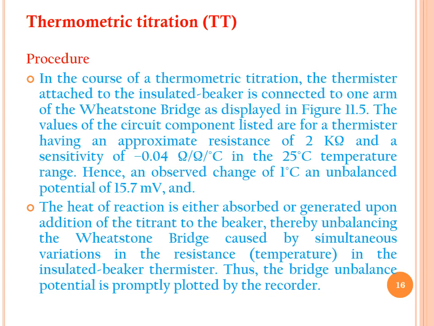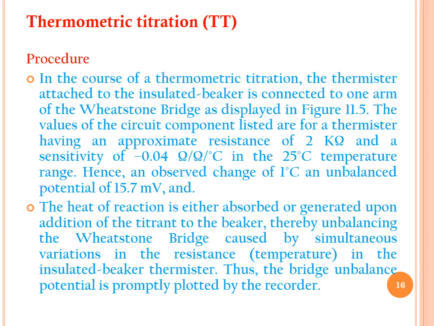Hence, an observed change of 1 degree centigrade gives an unbalanced potential of 15.5 millivolt. The heat of reaction is either absorbed or generated upon the addition of titrant to the beaker, thereby unbalancing the Wheatstone bridge, caused by the simultaneous variation in the resistance with the temperature in the insulated beaker. Thus, the bridge unbalanced potential is promptly plotted by the recorder.